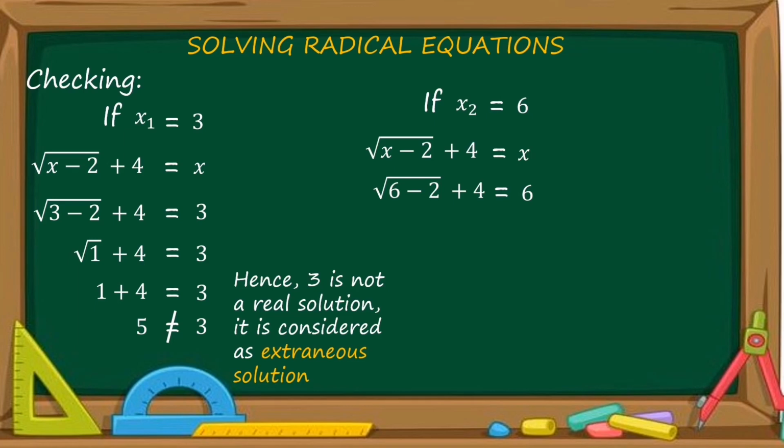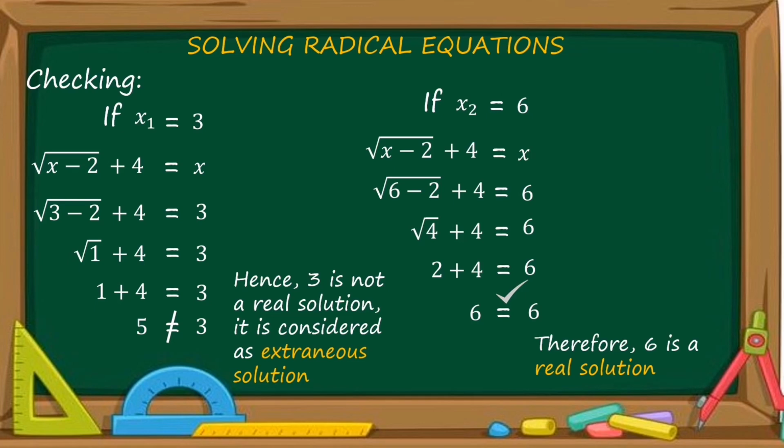The square root of 6 minus 2 will give us the square root of 4, plus 4 is equal to 6. The square root of 4 is equal to 2, and then plus 4 is equal to 6. 2 plus 4 is 6, which is the same as 6 on the right side. So that is correct. Therefore, 6 is a real solution.